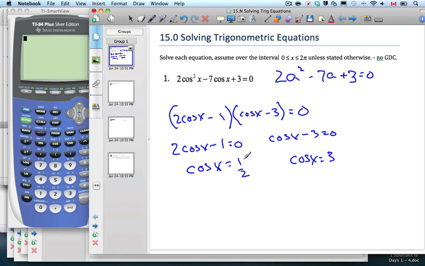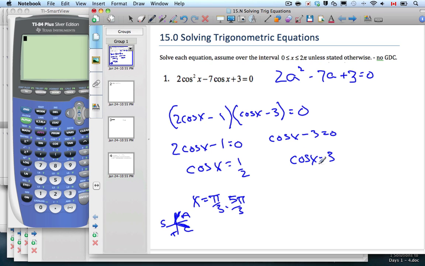Well, this is one of our special ones. Our reference angle is going to be pi by 3, and it's positive, so x will be pi by 3. And I also need to, cosine's positive here and here, so I need to go down to here, which is 5 pi by 3.